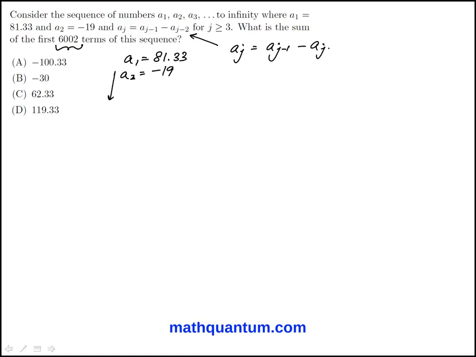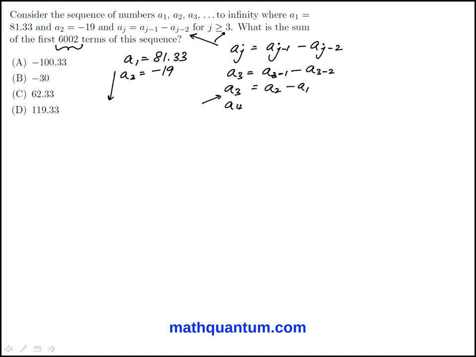And if I replace j with 3, because it's valid for 3 and higher, this would become a3 minus 1 minus a3 minus 2, which then reduces to a2 minus a1. So what it's really saying is the third term is the difference between the second and the first.